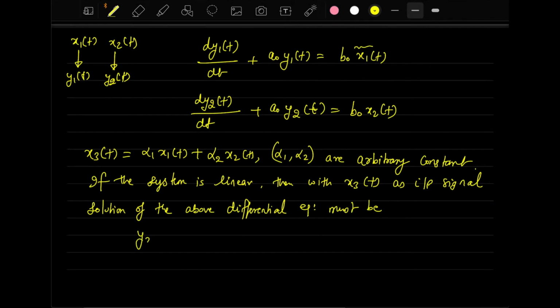The solution will be, let us say y3(t), which is alpha 1 y1(t) plus alpha 2 y2(t).